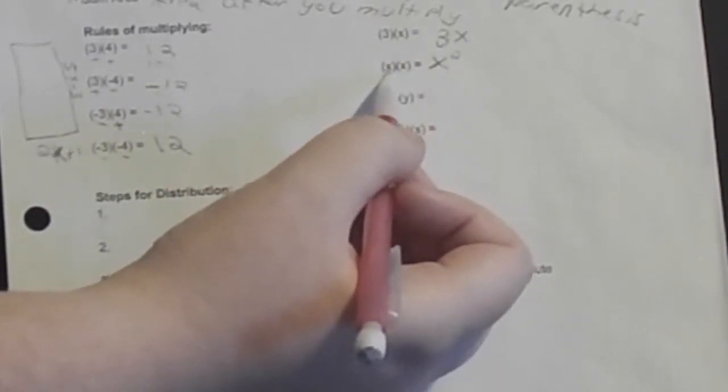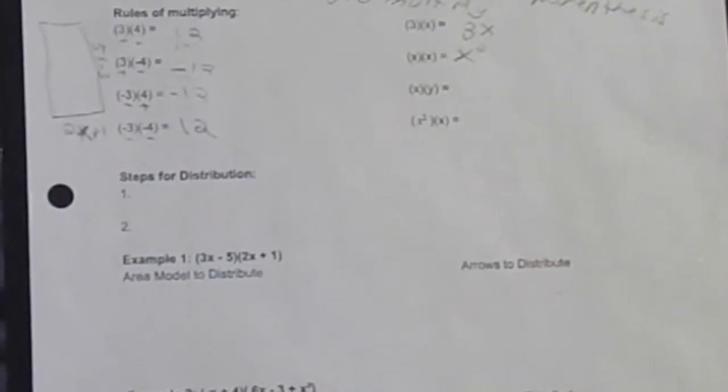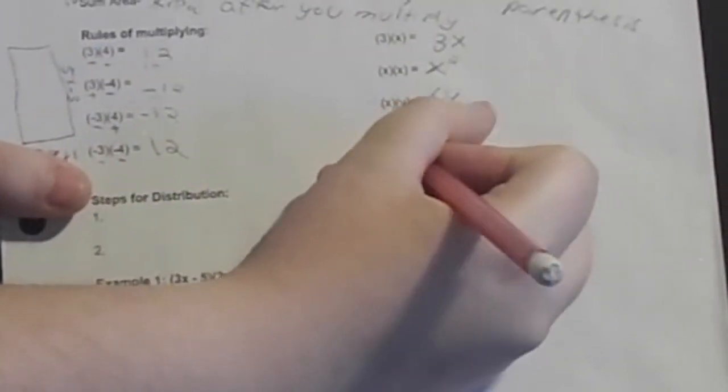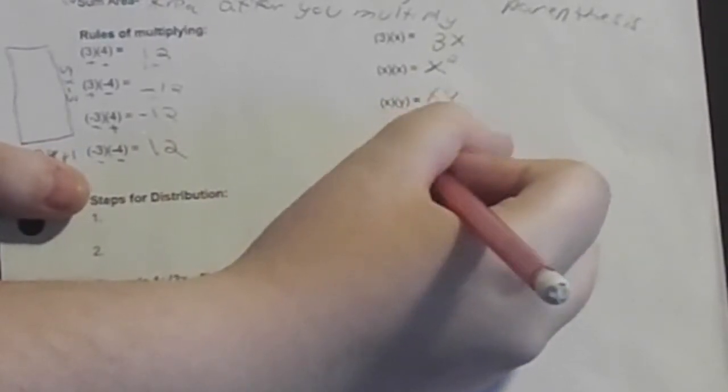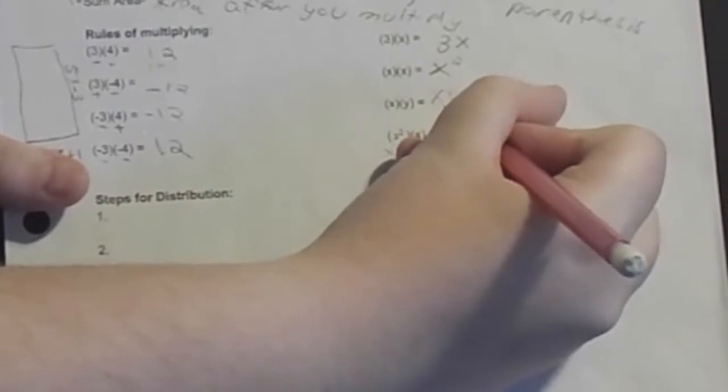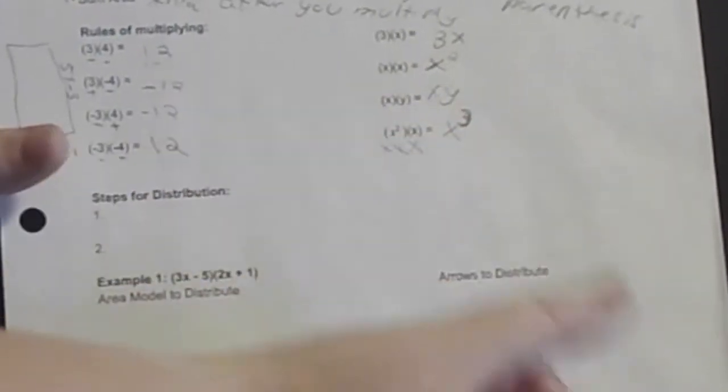So here's an x times an x, that's 2 of them being multiplied. So we put a little 2 up there. If it's a letter times a different letter, like x times y, we just write xy, right next to each other. And here we have an x squared, so that means x times x, times x times another x. So it becomes x cubed, to the power of 3, because there's 3 x's being multiplied together. So those are just the rules of multiplying.